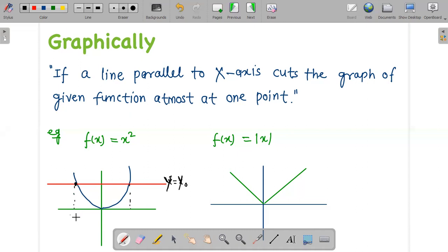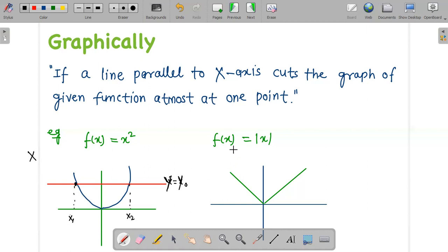So for that particular output, two inputs are responsible: one is x1 and another one is x2. But as we know, a single input should be responsible for a single output.